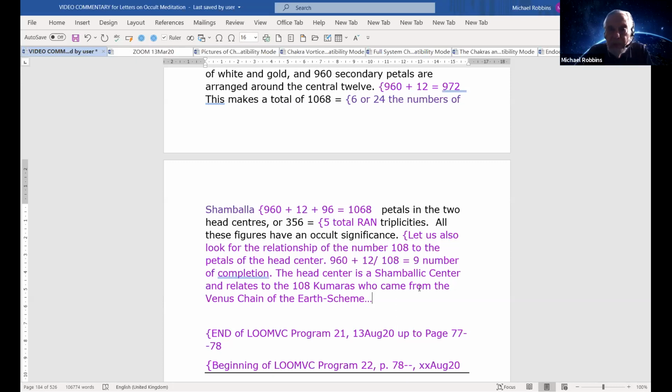So maybe all of them are of that high status, having been planetary logoi in a previous system, or at least something equivalent to that.